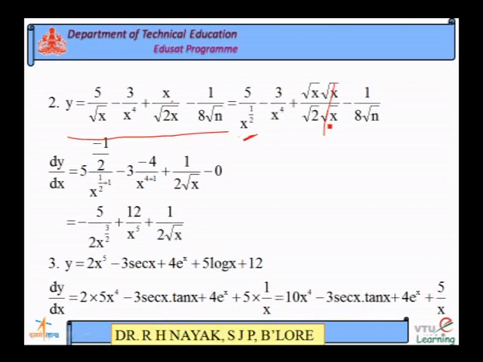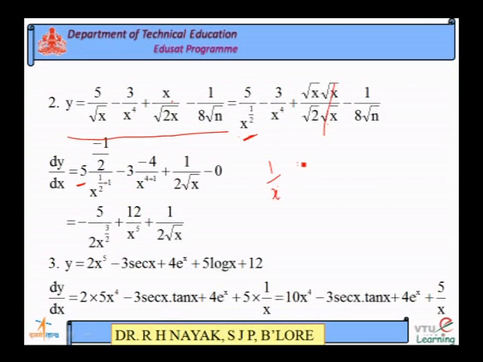Therefore, the first term is 5 into, what is 5? It is constant, 5 is constant, I have taken it as it is. 1 divided by x to the power of n is equal to minus n divided by x to the power of n plus 1. What is n?